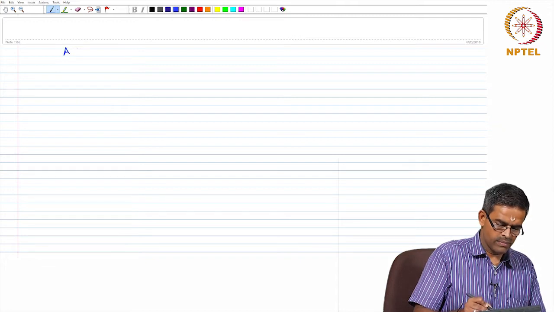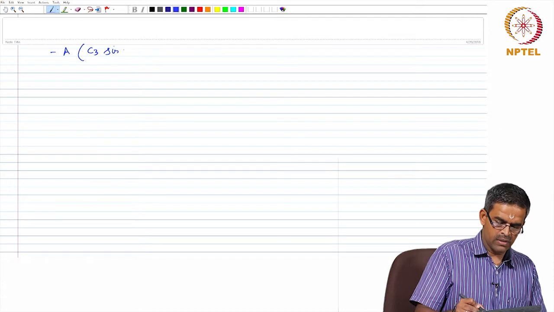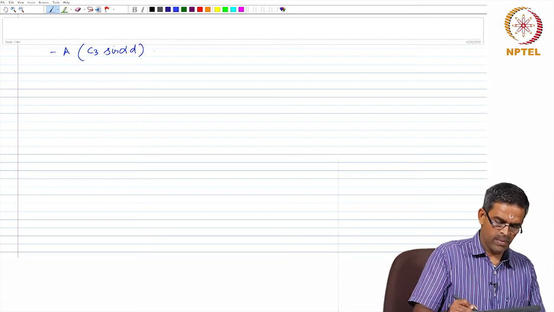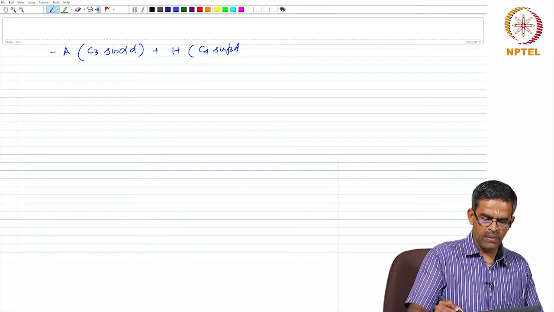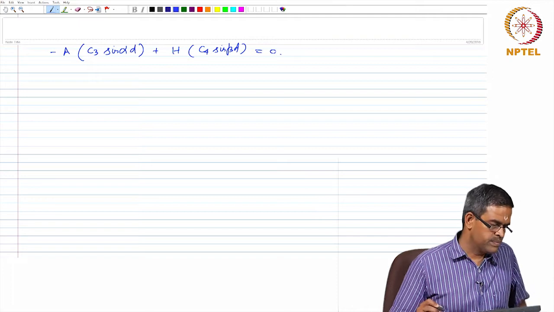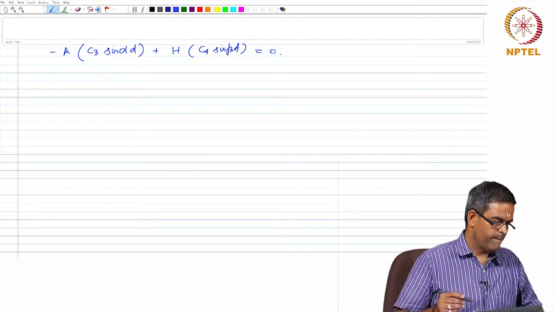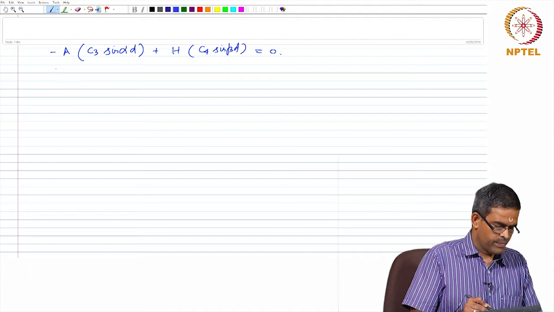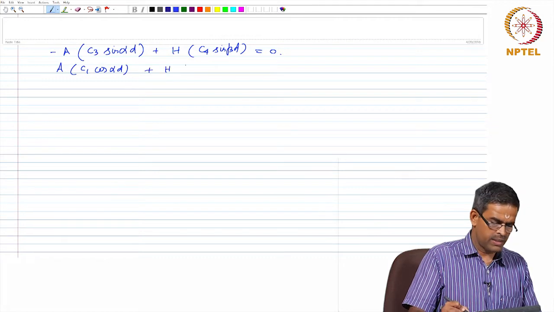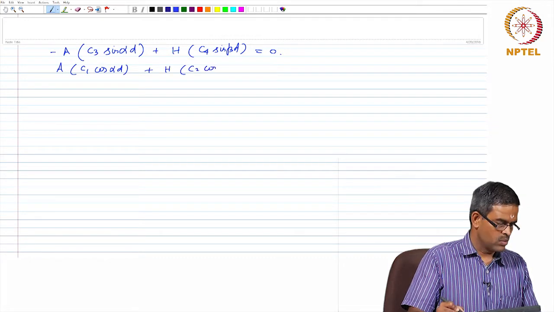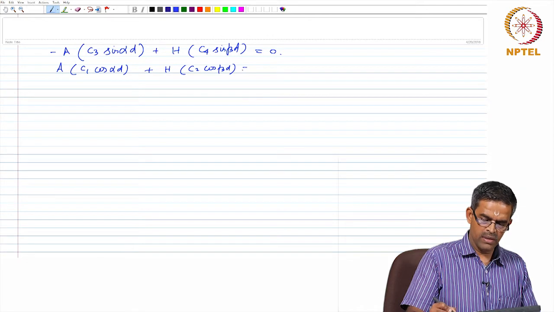A C3 sin alpha d plus H C4 sin beta d is 0. A C1 cos alpha d plus H C2 cos beta d is 0.